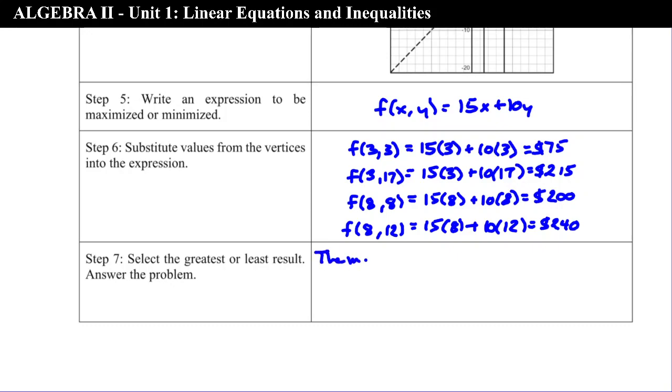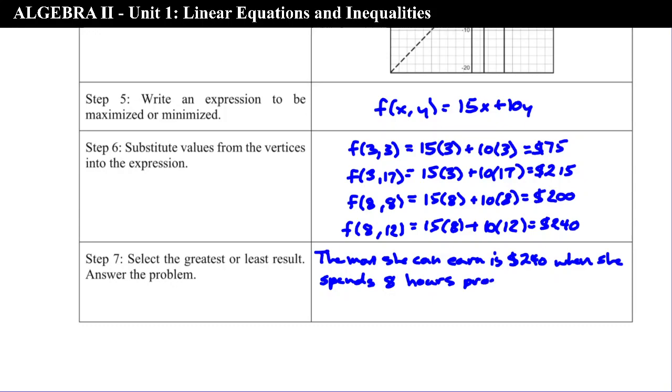The max she can earn is $240 when she spends 8 hours programming and 12 hours tutoring.